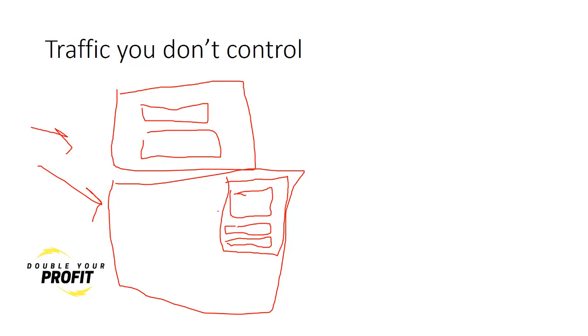So what you do is, the traffic comes in to either your opt-in page or your blog, and you want to push all the traffic that comes in and turn it into traffic that you own, right? And once people opt in from here or from here, you want to send them to one of your offers, one of your products.